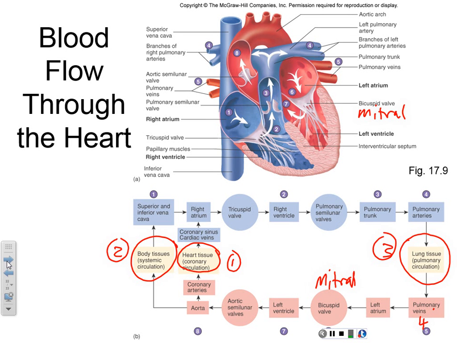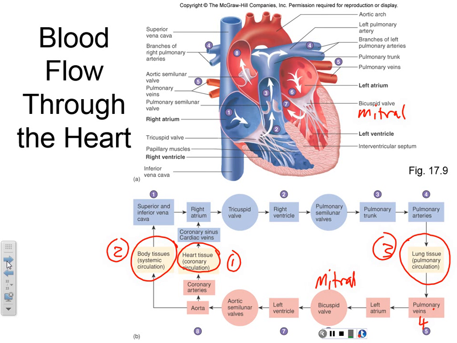Okay, right side, pulmonary circulation: it comes back through the superior and inferior vena cava and the coronary sinus, deposits into the right atrium, then goes through the tricuspid into the right ventricle, goes through the pulmonary semilunar valve, going to the pulmonary trunk to the lungs, and then comes back from the pulmonary circulation through the 4 pulmonary veins that lead to the left atrium, and then goes through the bicuspid valve.